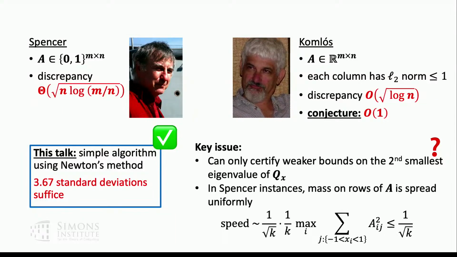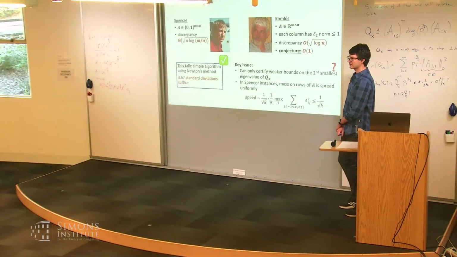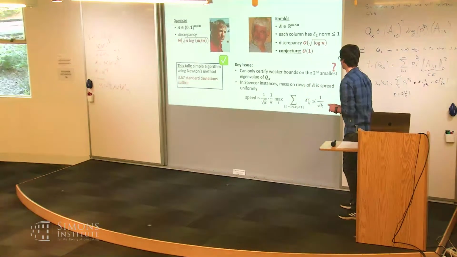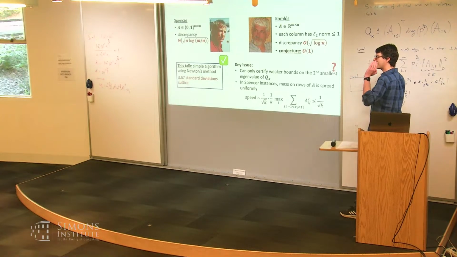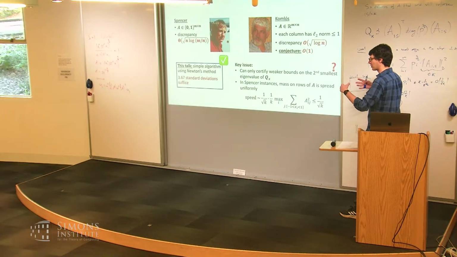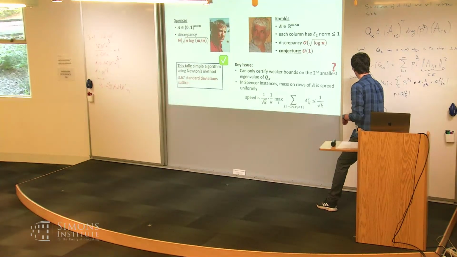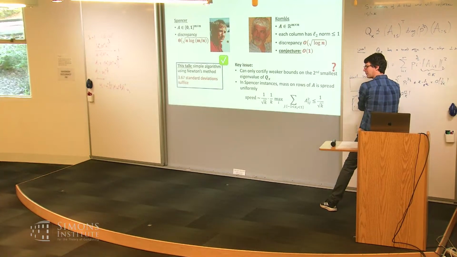Could I ask something? Yep. So I thought, if I understood correctly, your algorithm for Spencer does not ever do a partial coloring. It gets a full coloring in one shot. Could you speak to that? Yeah. Okay. So that's a very good point. It doesn't worry about partial colorings, but it still suffers from the curse of partial colorings, in the sense that whatever you pay before you manage to freeze half of the coordinates is going to dominate whatever you end up paying in the future.